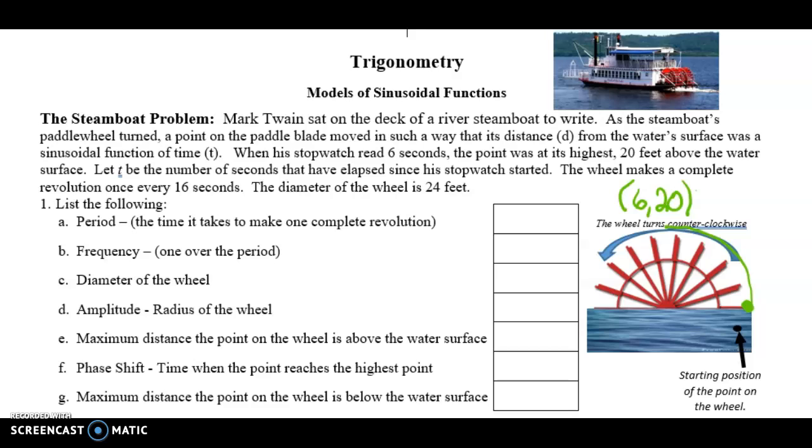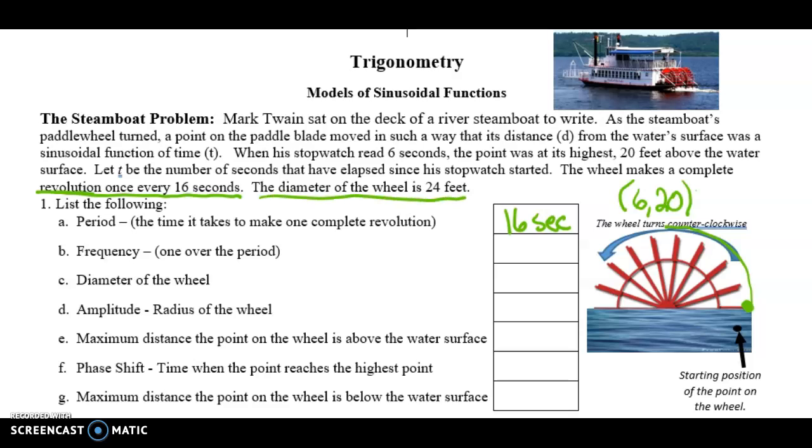Let t be the number of seconds that have elapsed since the stopwatch started. The wheel makes a complete revolution every 16 seconds. So every 16 seconds, that's the period. The period is 16 seconds. The diameter of the wheel is 24.